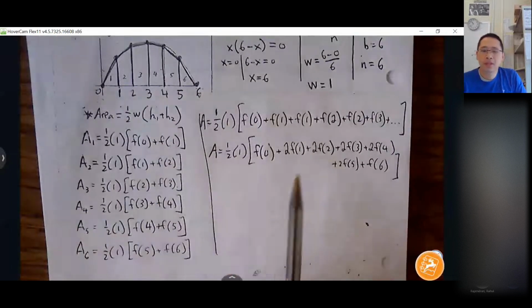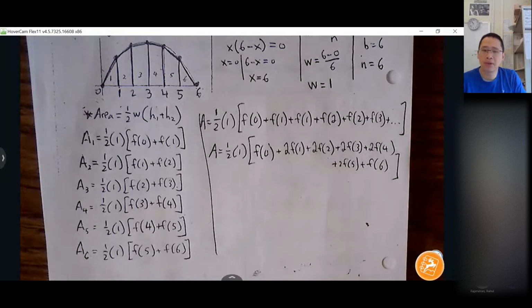That can save a little bit of time in terms of having to use a lot of space to add up all the terms.